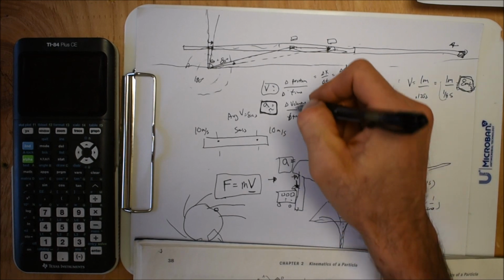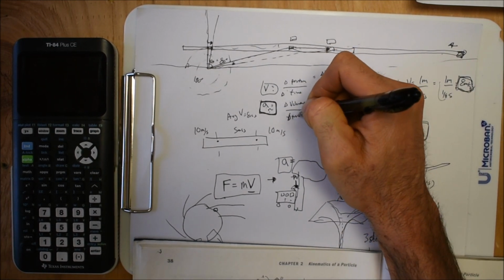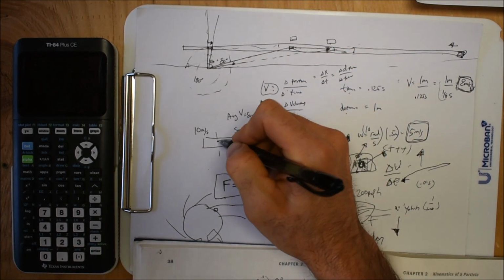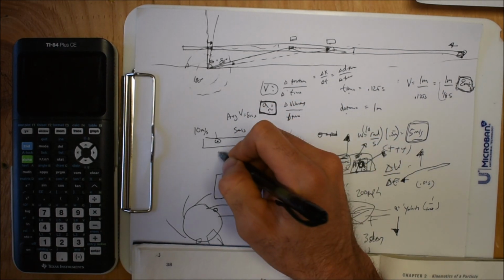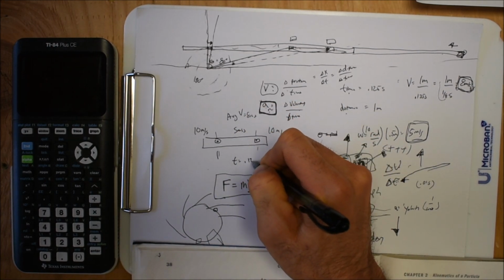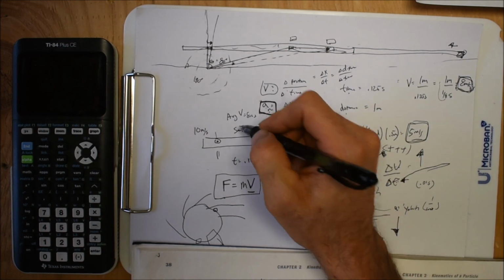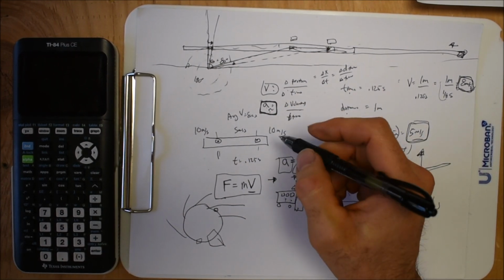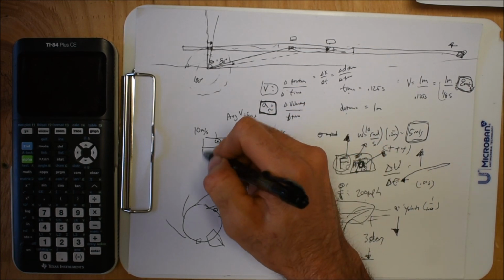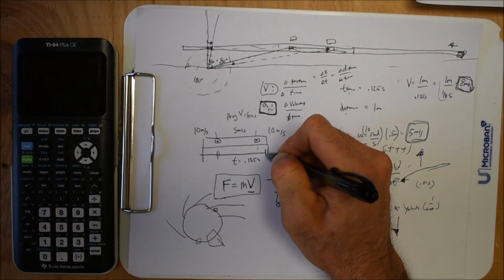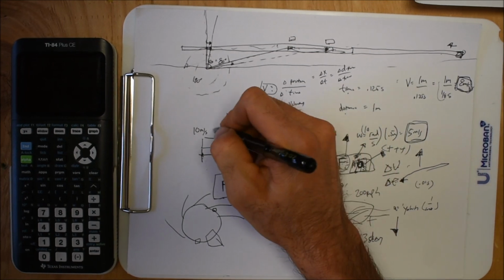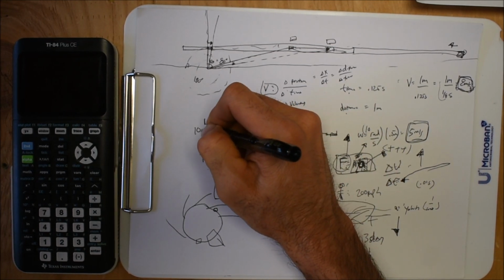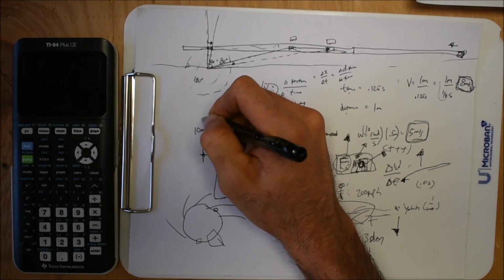So let's do it. Acceleration is the change in velocity divided by the change in time. This thing moved from here to there, and what did we say the time was? Well, 0.125 seconds. It went from 10 to 8 meters per second.